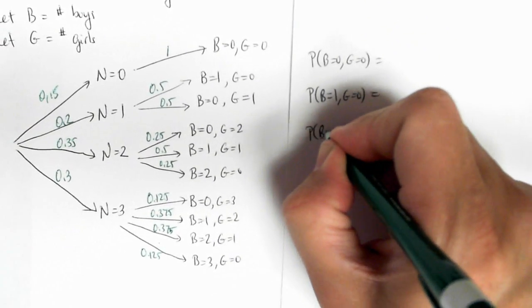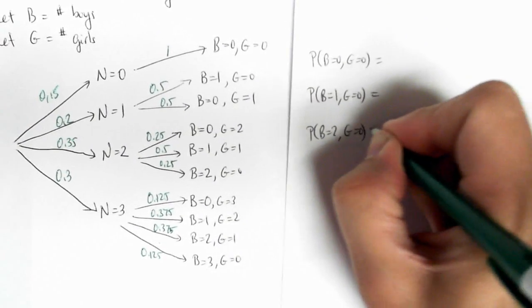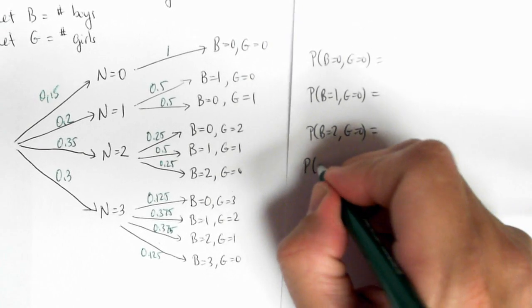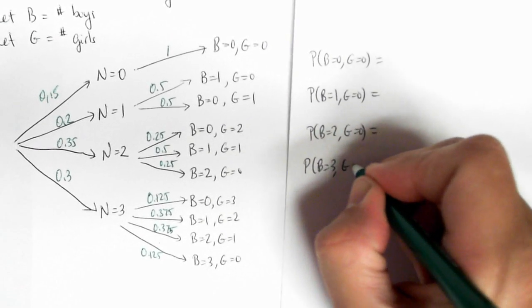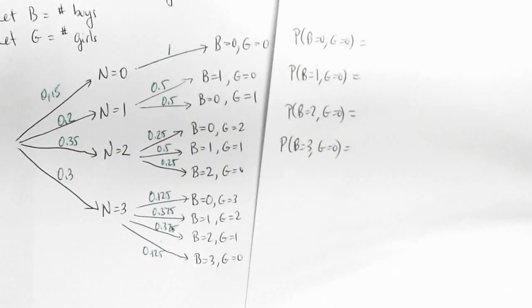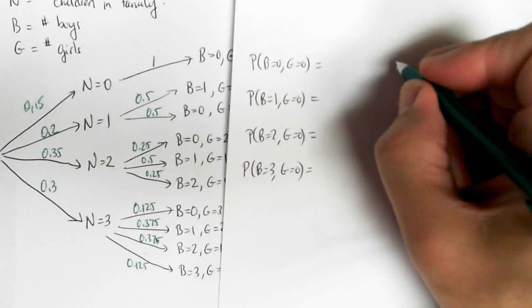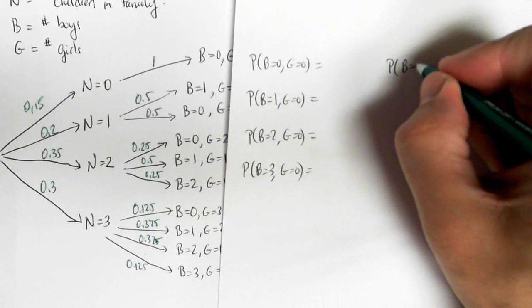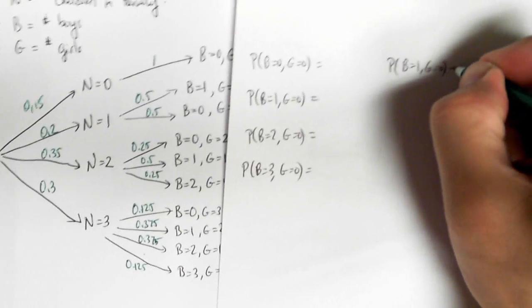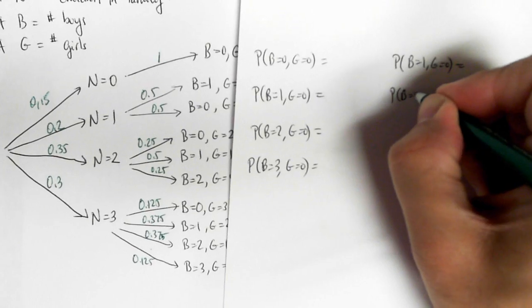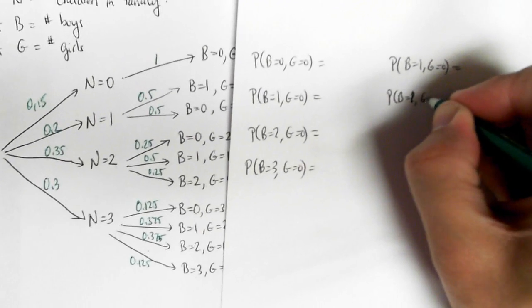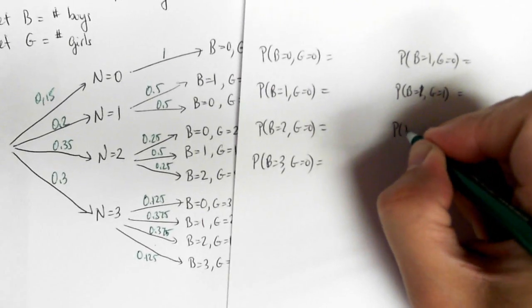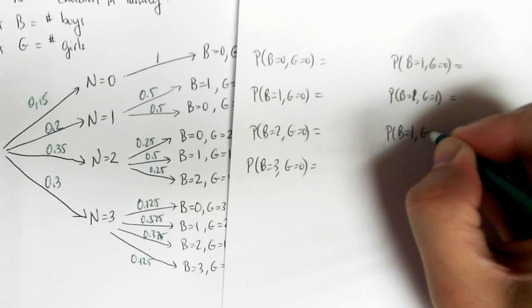The probability of 2 boys, 0 girls. The probability of 3 boys, 0 girls. And then working across, the probability of 1 boy, 1 girl.